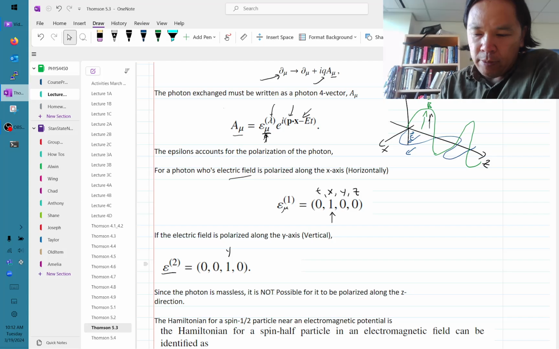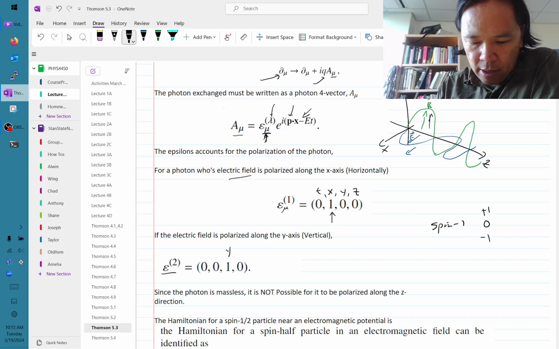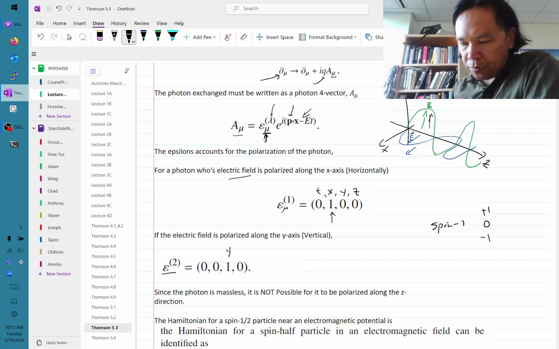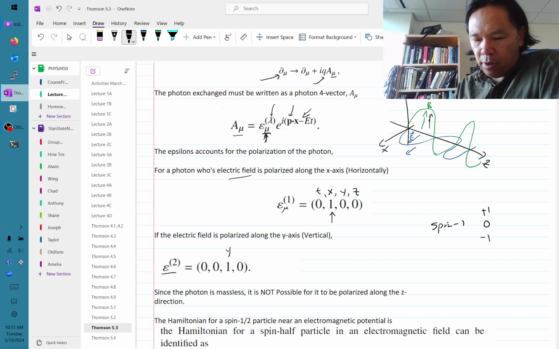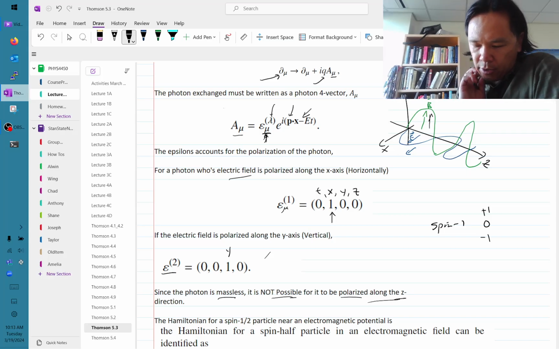Even though the particle is spin 1, remember a spin 1 particle in general can have spin 0, spin +1, spin -1. But for a massless particle, it's actually not possible for it to have any polarization along the direction it's traveling. So the polarization along the z direction cannot happen. Therefore, you actually only have 2 polarizations.